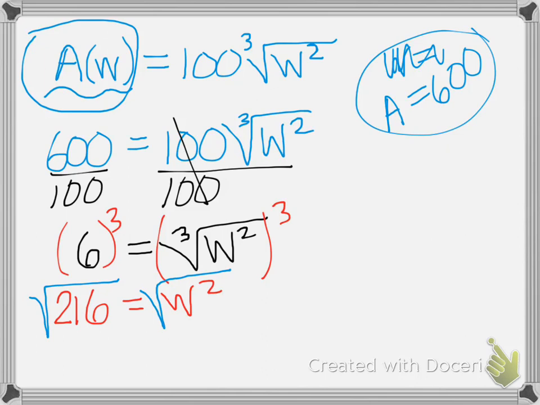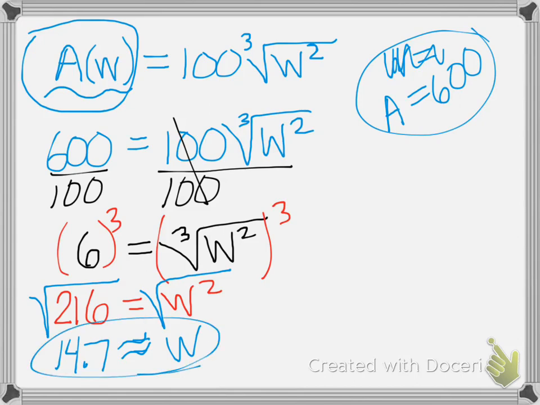It's interesting that I got rid of the radical earlier by cubing, and now I'm getting rid of the squared by using the radical. So W equals, and you can do it in your calculator, and this one is not a perfect square, so it ends up being about 14.7. So I don't get a perfect answer.